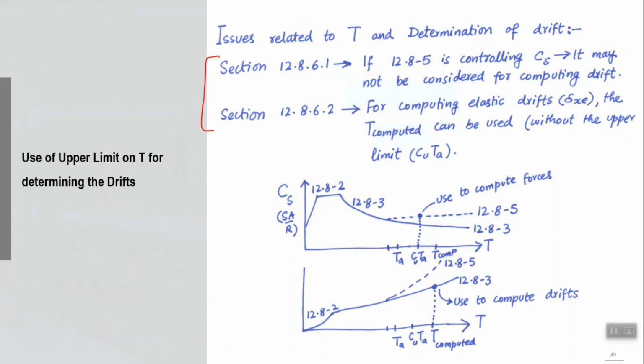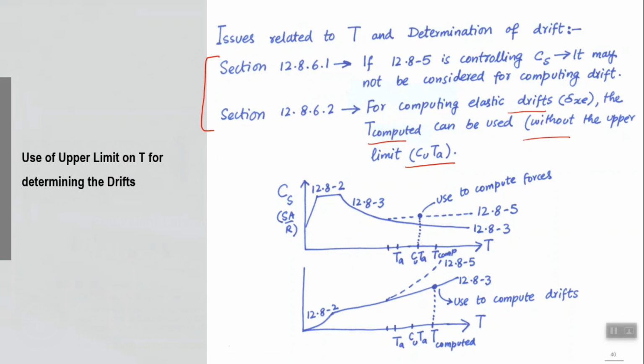So you can use a different load case to use a different time period, and another load case for a different time period. For example, we know that for computing drifts we should use T computed without the upper limit, right. So for drift, if you have the modal analysis time period, use that time period, right. But for calculation of forces, you should use the upper limit CuTa.